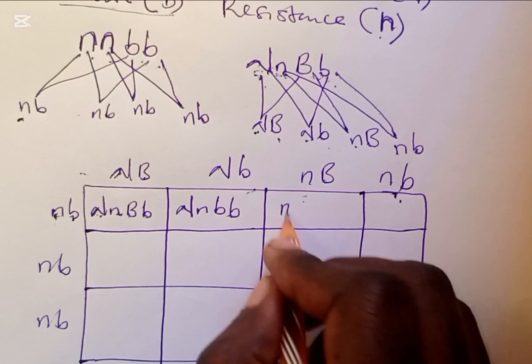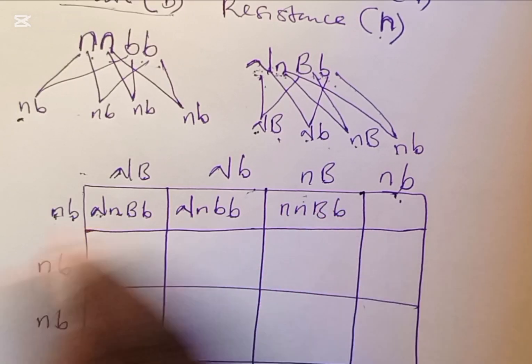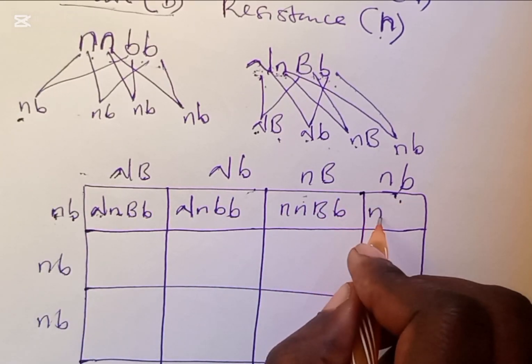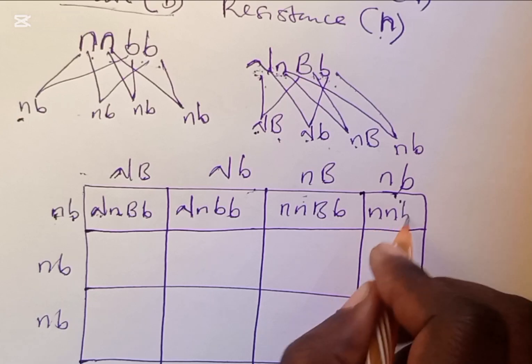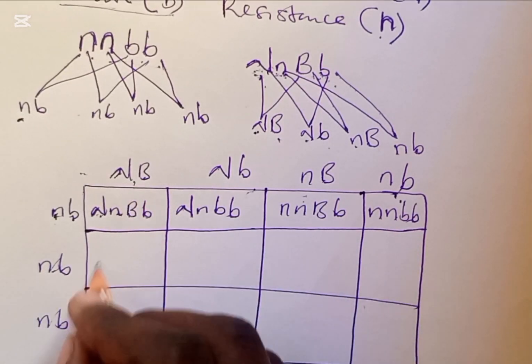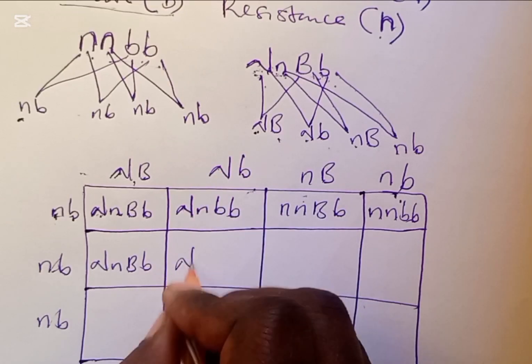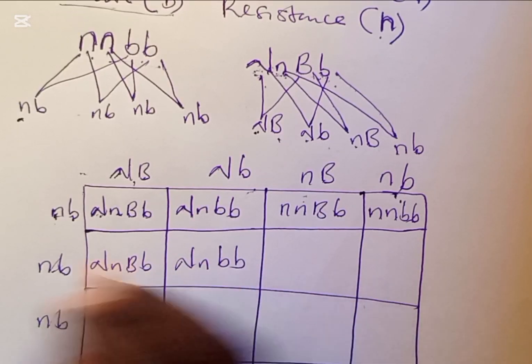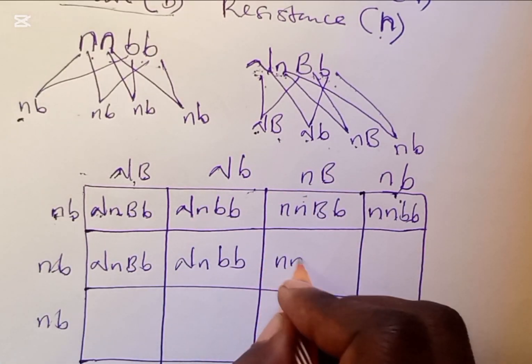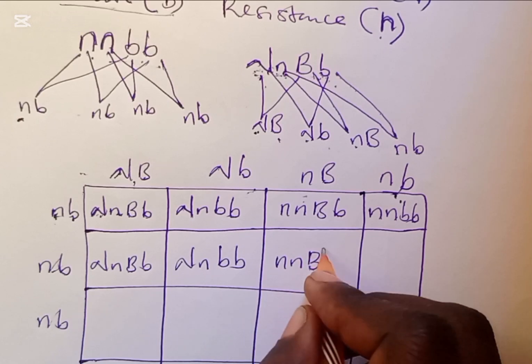You're now filling the rest of the boxes in the similar manner. So this and this gives you this, this, and this. It gives you this, this, this, this and this gives you N, capital B, B. This and that, capital N, small b, B. This and this, small n, B, capital B, small b.